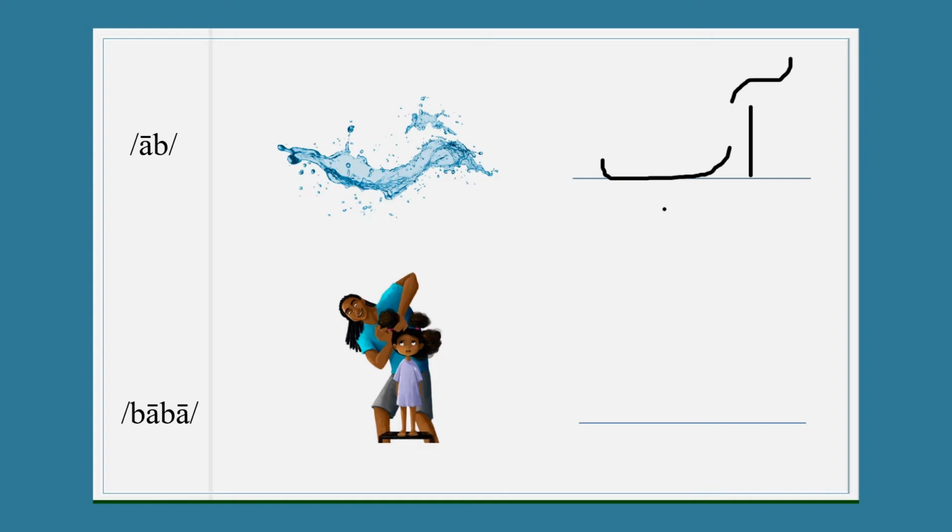Dad, actually, dad is better. Baba. So B in the beginning, then A in the middle. So they should be connected together with a dot underneath. Then A cannot be connected from the left side. So we write B separately and then again we connect it to A. Ba, ba.